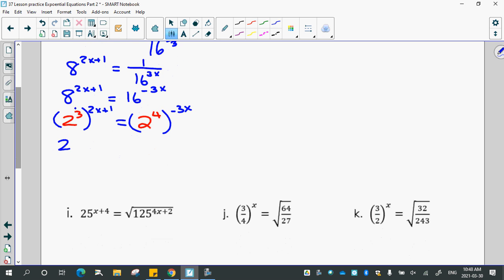So remember that this 3 multiplies both pieces. So you get 2 to the 6x plus 3 on this side. And 2 to the negative 12x on this side. Okay? So now you're ready for your therefore statement. So therefore 6x plus 3 equals negative 12x.